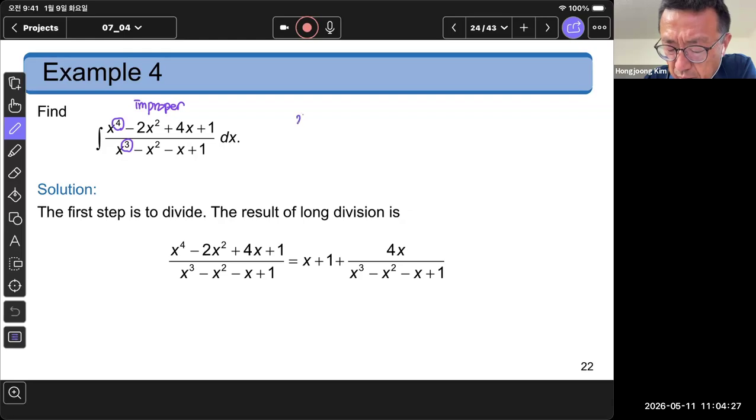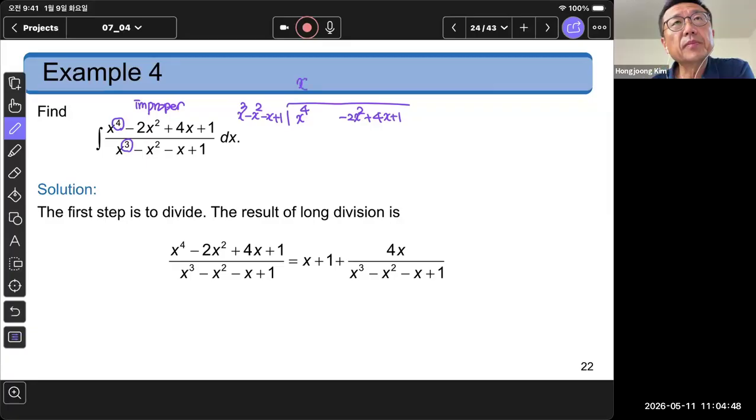So given x to the fourth minus 2x squared plus 4x plus 1, if I divide this by x cubed minus x squared minus x plus 1, first I compare x cubed and x to the fourth to get x.